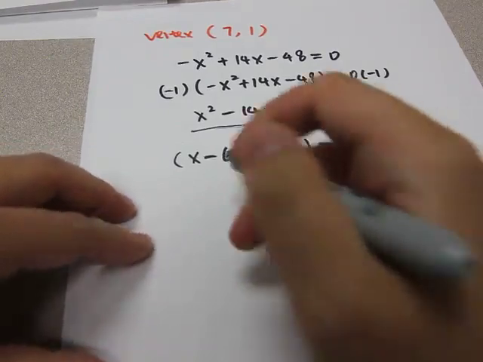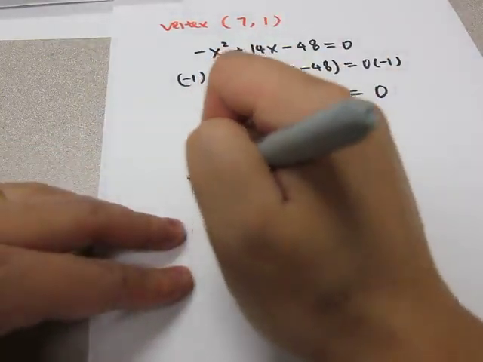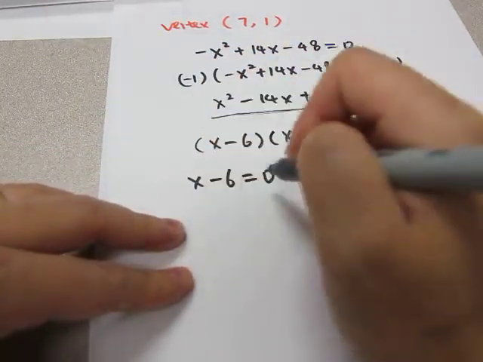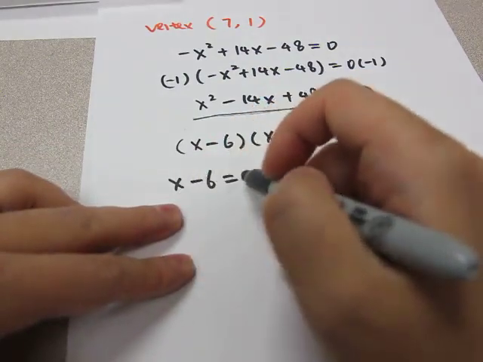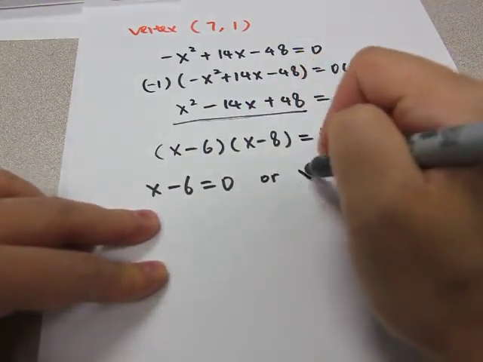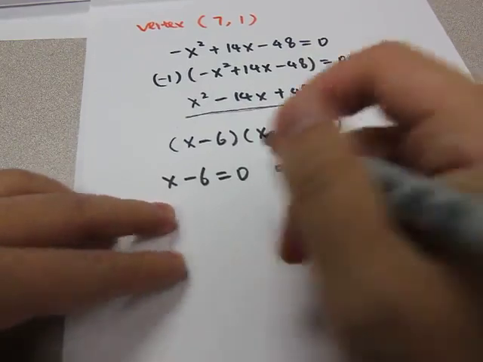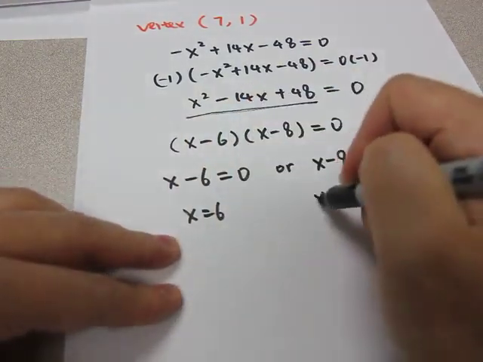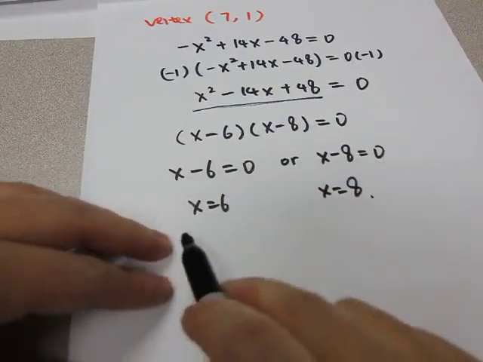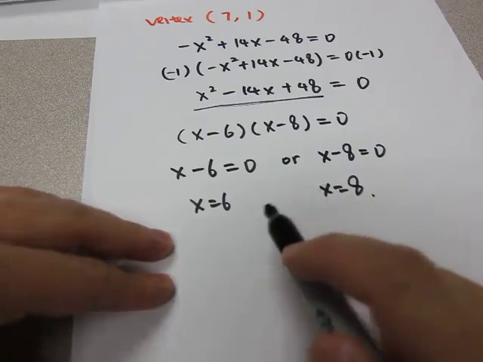Then, using the zero product property, we will get two equations. One equation is x minus 6 equals 0, another equation is x minus 8 equals 0. So we found these two x-intercepts.